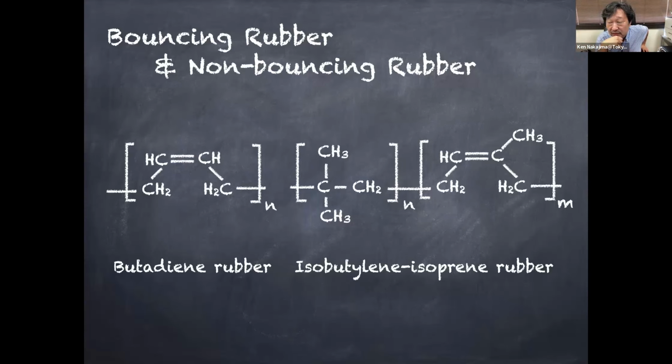But usually it's really difficult to understand why it happens. Not so easy. By analyzing the chemical structure, we can write it down, but it's very hard to correlate this chemical structure and mechanical property. It's an ongoing project for human beings.